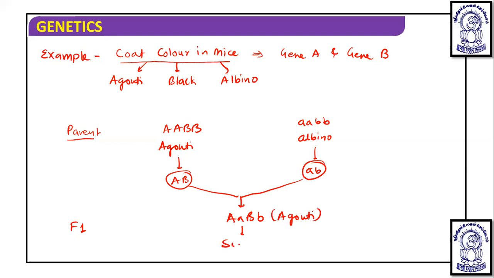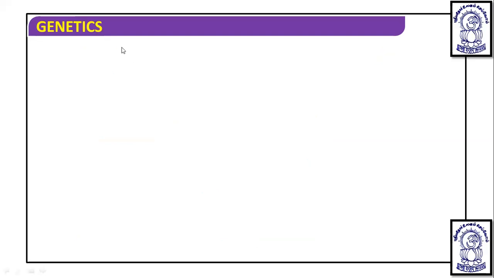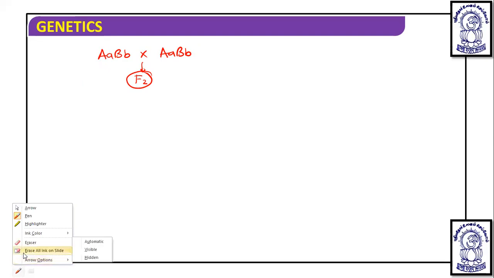If you carry out selfing of this, then for the F2 generation, capital A small a, capital B small b is going to cross capital A small a, capital B small b. This selfing of F1 is going to produce the F2 generation. For this, we need to note down all the gametes.